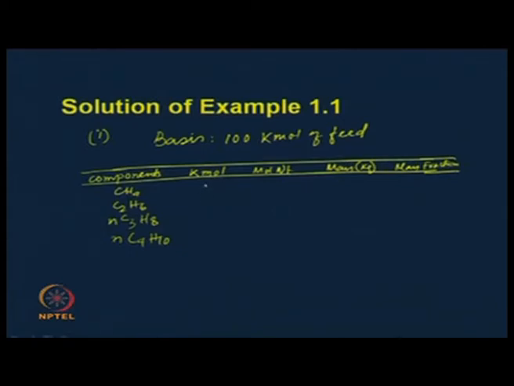As the basis is 100 kilomole of feed, 90% of this component will be 90, 5% of this, 4% of C3H8 and 1% of the last. So, the total will be 100 kmol, as we have taken the basis. We know the molecular weights: 16, 30, 44, and then 58.